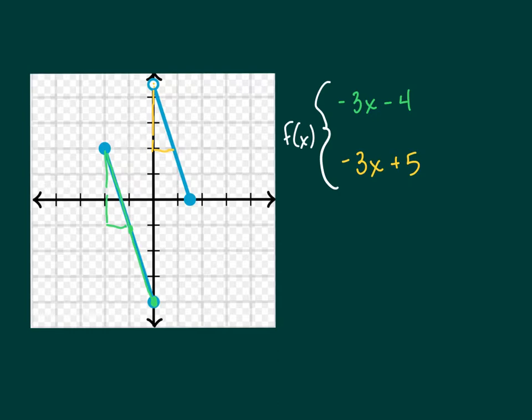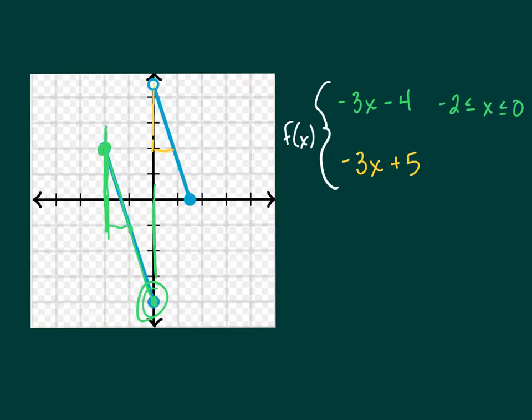So for the green one, my lowest x value is -2, and that's a closed circle at -2. So -2 is less than or equal to x, which is less than or equal to my x value here of 0.